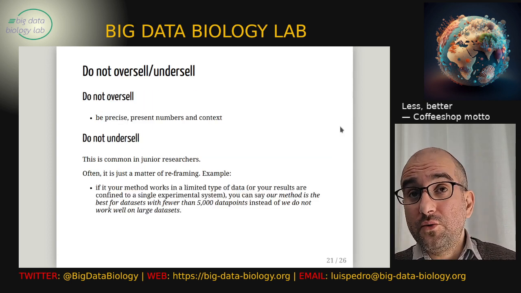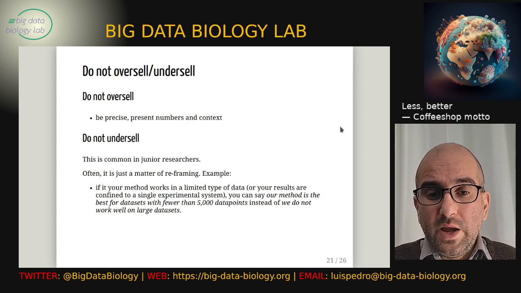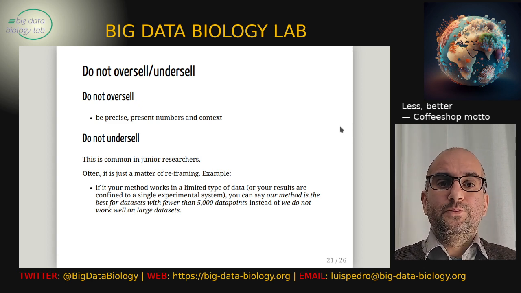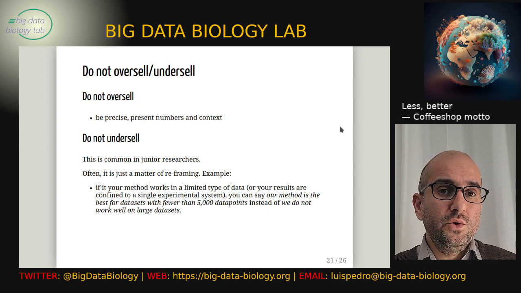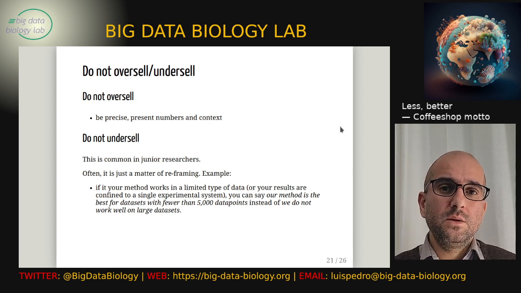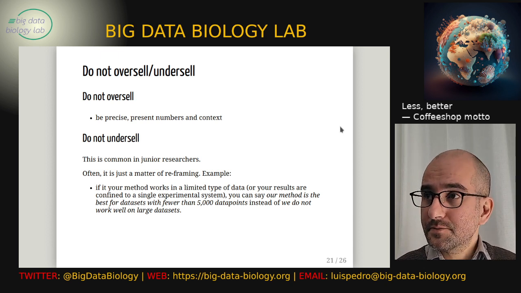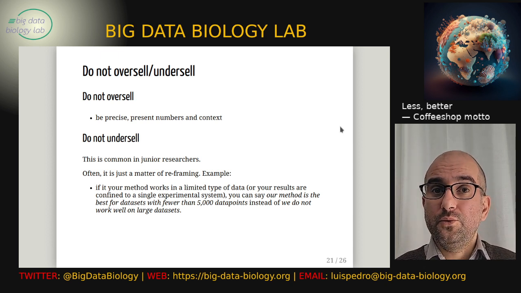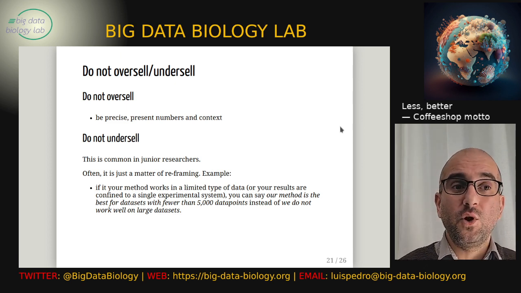Do not oversell or undersell. Remember, this is about a scientific talk. You can use numbers. You should use numbers. You should be precise, and do not exaggerate. Frankly, this happens more with more senior people. They come and they've solved everything.